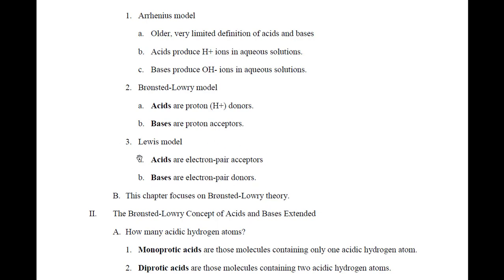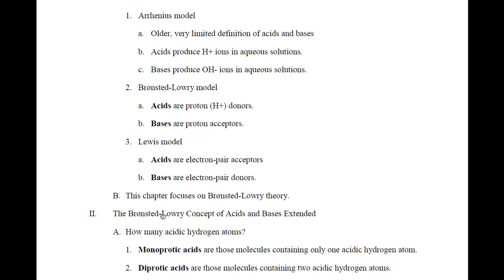When you get to organic chemistry, if you're taking it, the Lewis model will prevail in terms of how chemical reactions happen for organic molecules, even though you will still use some of the concepts of the Bronsted-Lowry model for certain ideas of how things happen. By and large, and we will talk about this later also, the Lewis model is the prevailing model of acid-base technology. But in this chapter, of course, we're going to focus on Bronsted-Lowry theory and a lot of details associated with it.